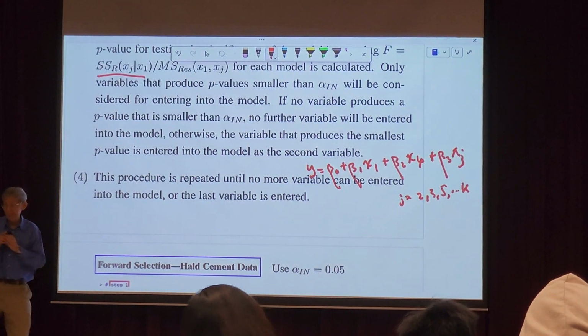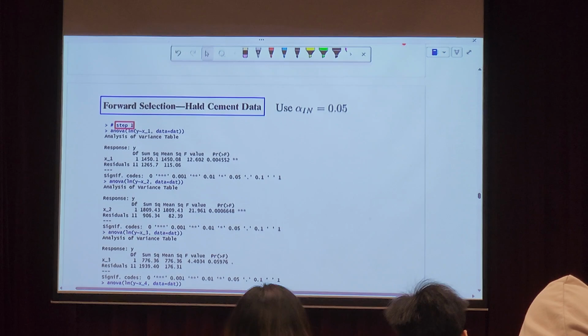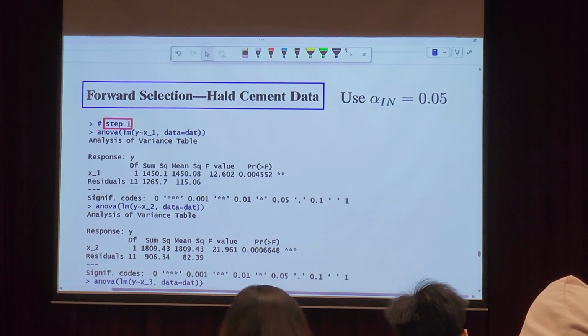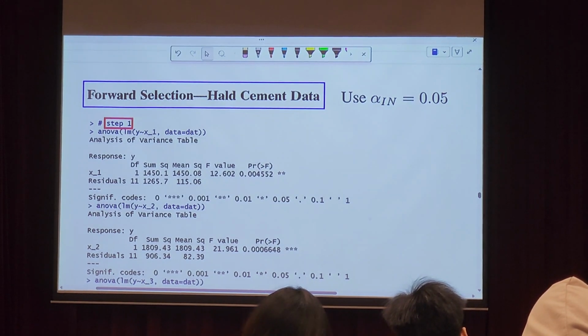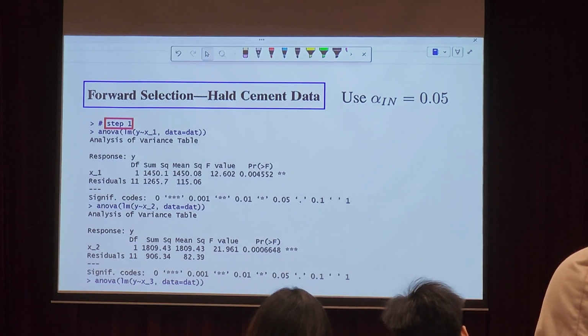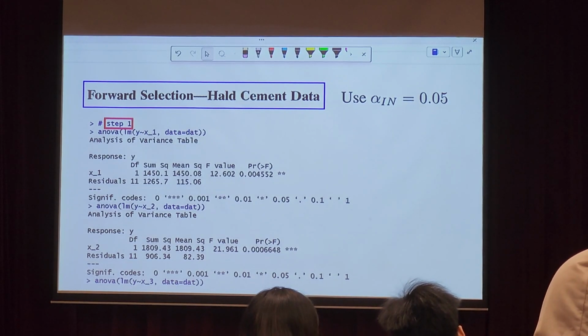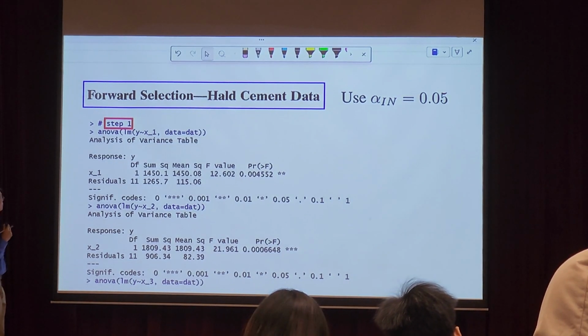So, let me illustrate this idea using the forward, using this cement data. So remember, we have 4 regressor variables. We want to find out which variable we will pick as the first variable to enter into the model that we want.